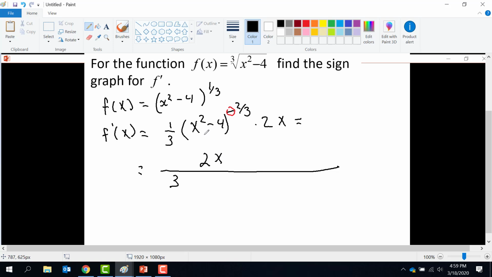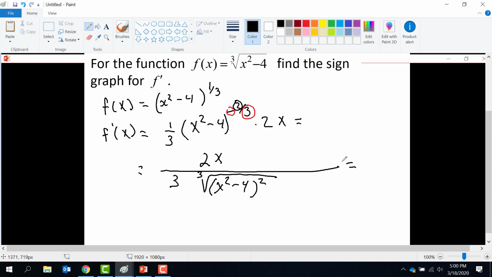And those factors of x squared minus 4 belong in the denominator. And the 3 in this exponent is telling me that we're taking the cube root. And the 2 is telling us that we are squaring this. And so there's what our derivative looks like in this form.